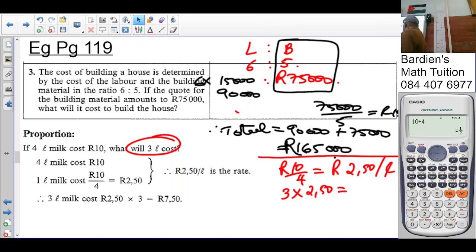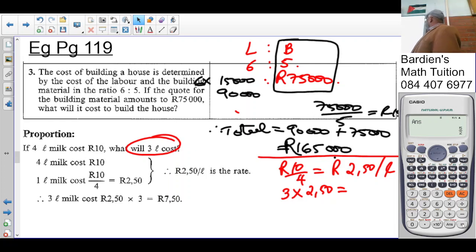In the calculator, you see this answer button here? Listen, if 4 liters cost 10 rand, how can 3 liters cost more than 10 rand? Just hang on, this lesson is becoming long now. If I press answer, that's the last answer calculated on the calculator.